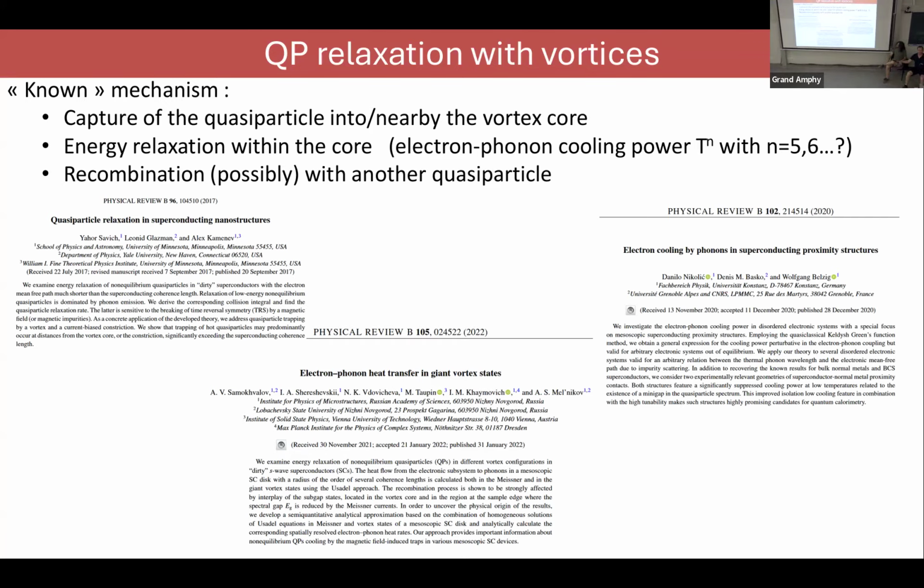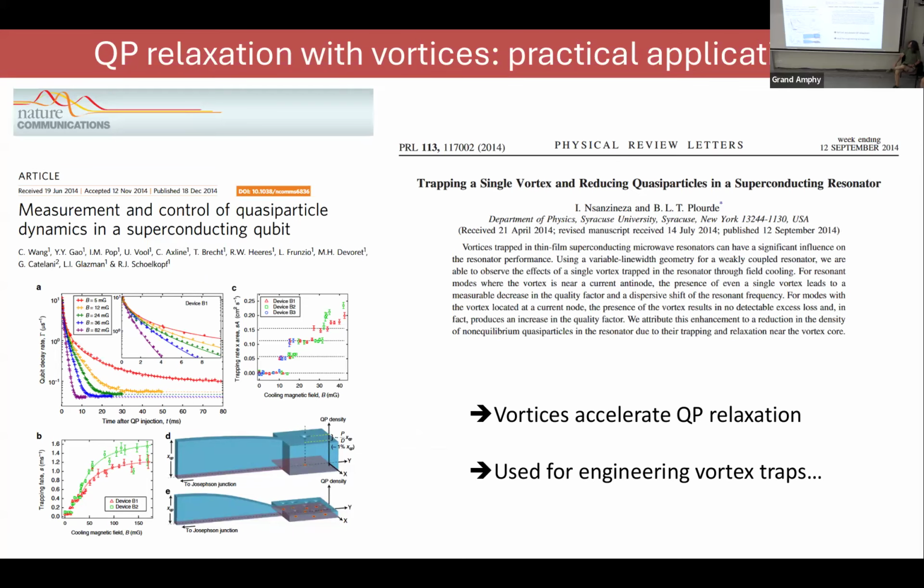Since it's supposed to be a normal core, we expect something faster. This is used in superconducting resonator circuits, but also for superconducting qubits, and John Mucci is part of this paper.